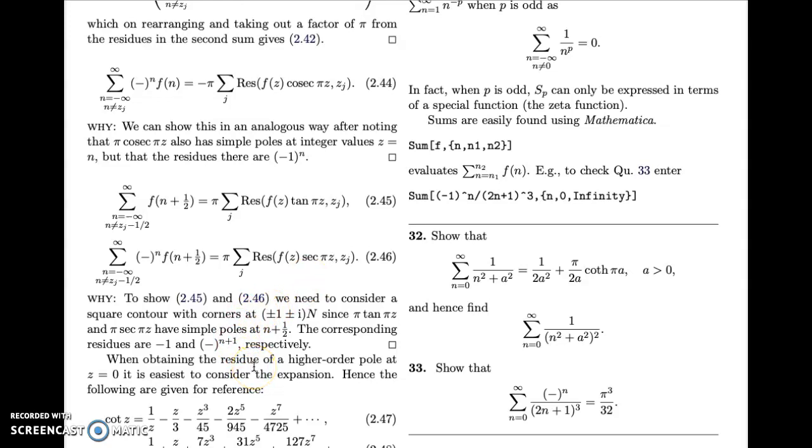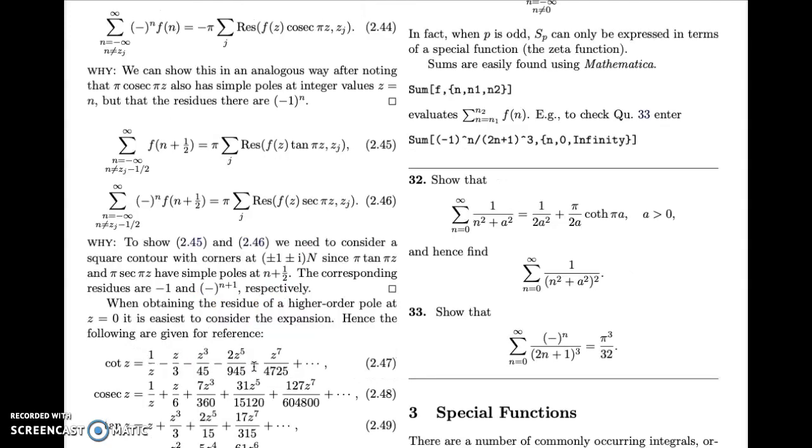Okay, so it turns out, as we'll soon see with examples, as we've mentioned before, if you end up with a higher order pole at z equals 0, as you often do when solving these problems, it's easiest to consider the Laurent expansion.